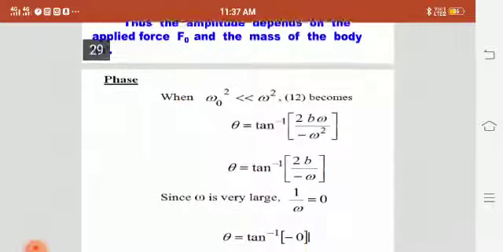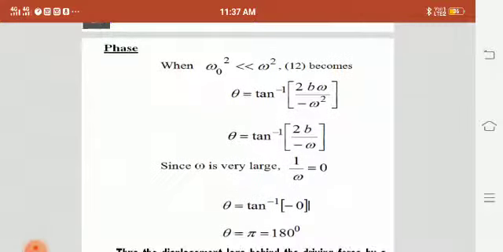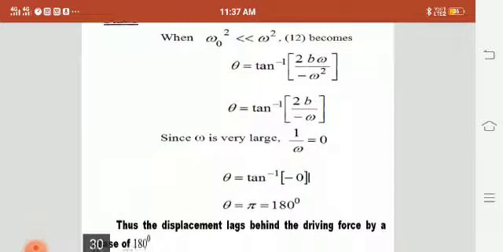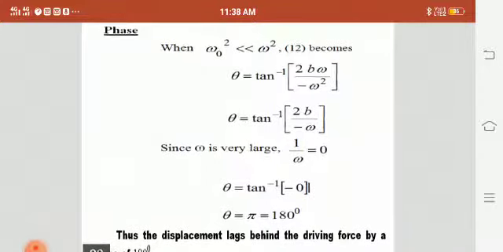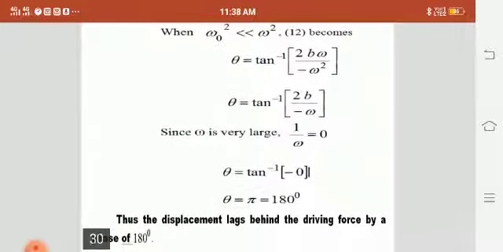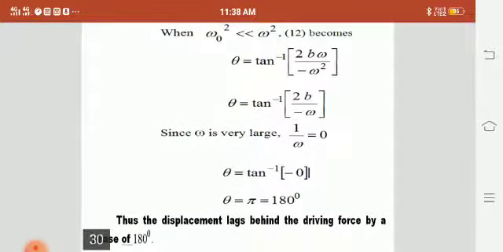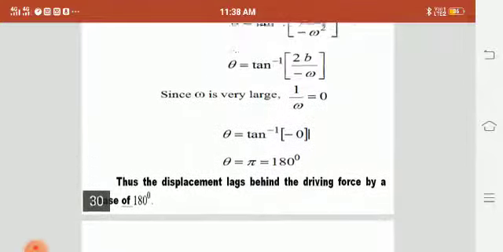Here the phase becomes θ = π, that is, 180 degrees. Thus the displacement lags behind the driving force by a phase of 180 degrees.